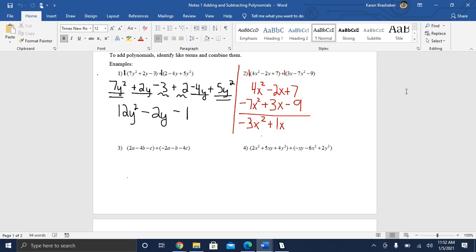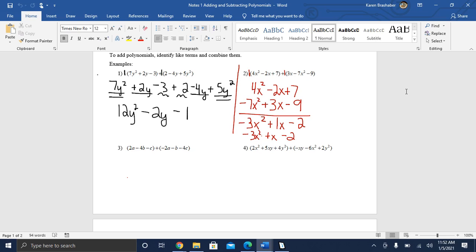And sometimes you'll see the 1 written, sometimes you will not. And then 7 and negative 9 will combine to give me negative 2. So that would be a correct answer. You might also see it written again without the 1 in front of the x. So either one of those answers would be correct.